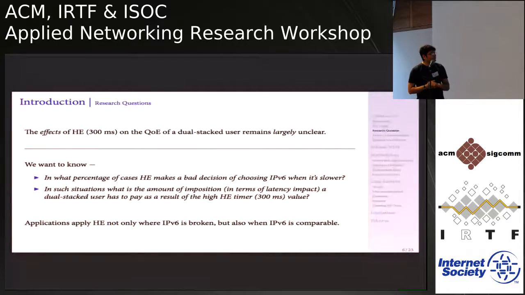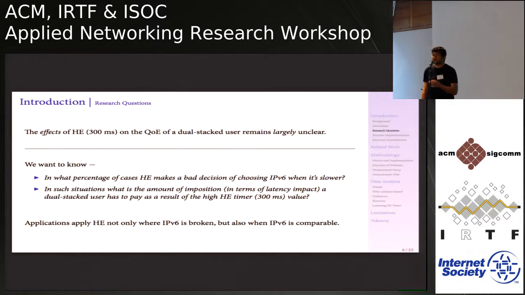The question is, in this changed landscape, what are the effects of the Happy Eyeballs timer value of 300 milliseconds? And it's largely unclear today. So as such, we want to know in what percentage of cases Happy Eyeballs is making a bad decision of choosing V6 when it is slower.